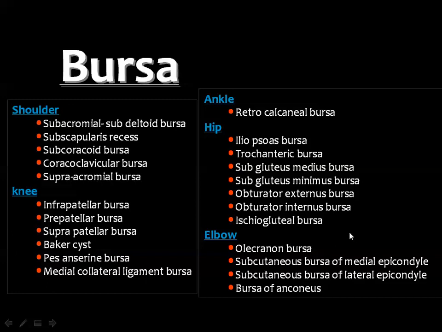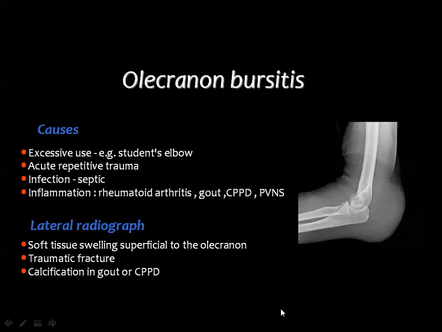Subgluteus maximus bursa. In the elbow, olecranon bursa, subcutaneous bursa, bursa of the medial epicondyle and of the lateral epicondyle, and bursa of the anconeus muscle. This is just an example of olecranon bursitis we have discussed in detail in the lecture of the elbow joint.